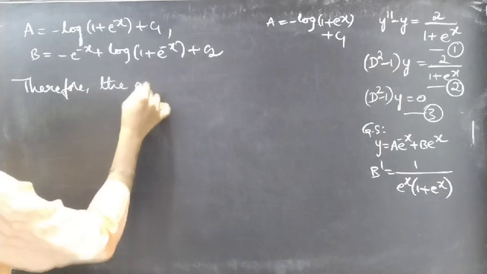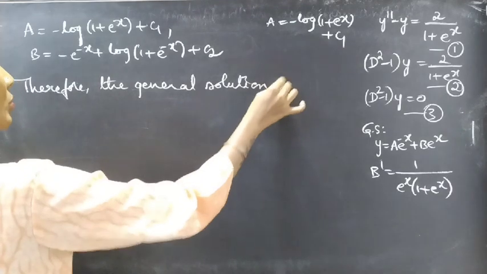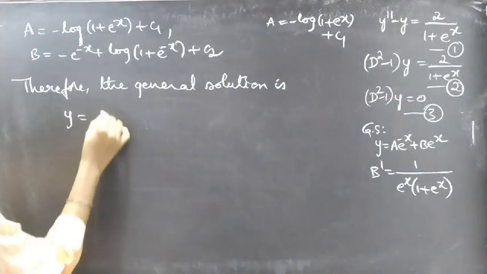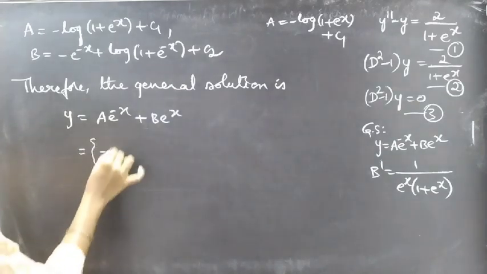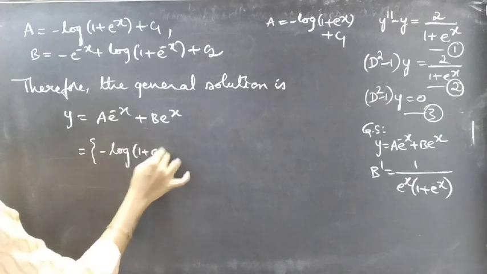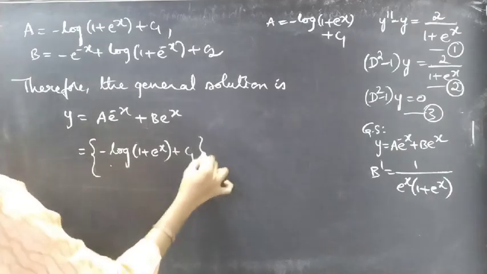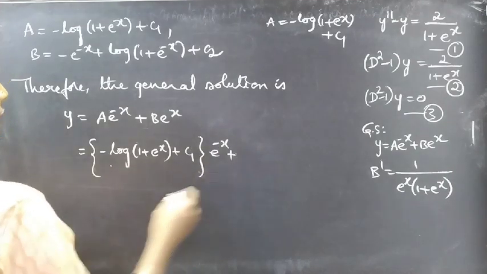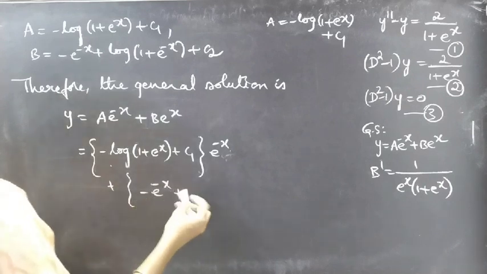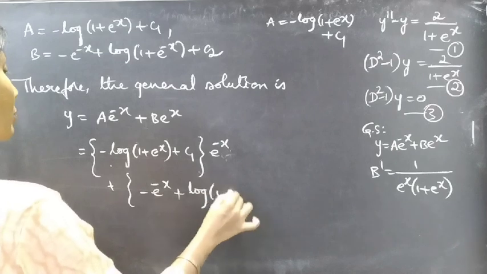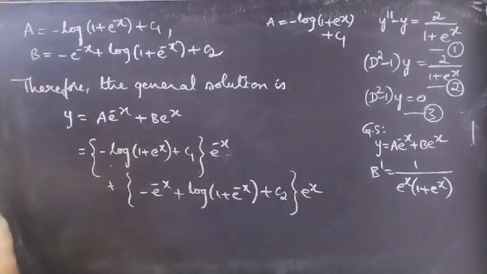Therefore, the general solution is given by y equal to u e power minus x plus v e power x. This equals to u, which is minus log of 1 plus e power x plus c1, into e power minus x, plus v, which is minus e power minus x plus log of 1 plus e power minus x plus c2, into e power x, right?